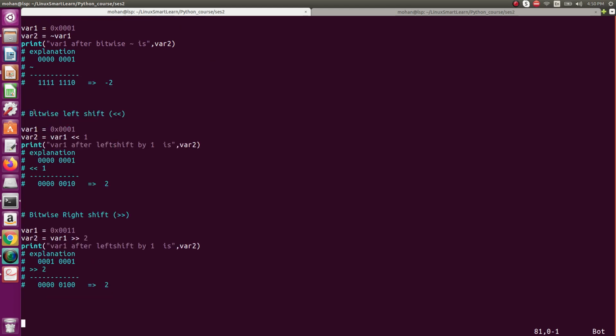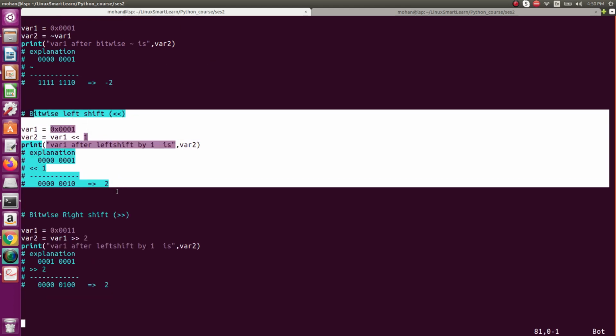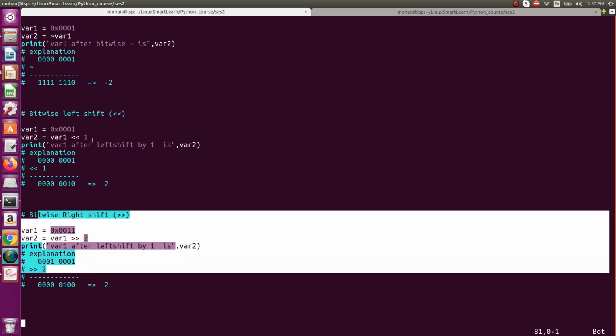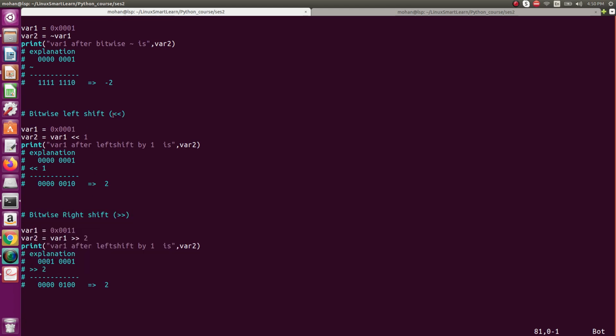Then let's see the left shift bitwise operator and the right shift bitwise operator. In case of the left shift bitwise operator, we need to use the double less than sign, and the explanation is as follows. Let's say we have var1 equal to 1, and we are supposed to left shift by one number. When we left shift by 1, this moves to this left position, and this will be replaced by a new 0.